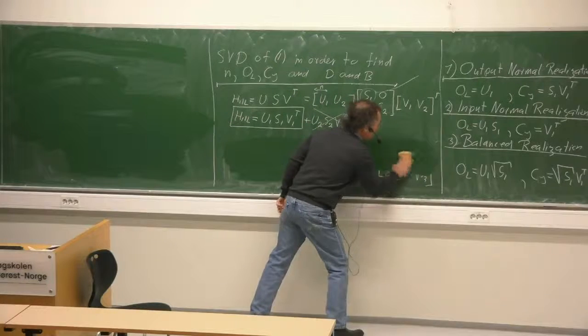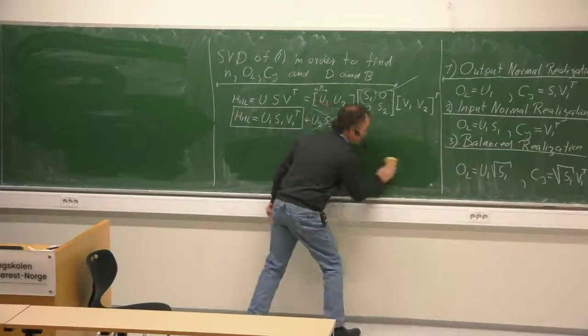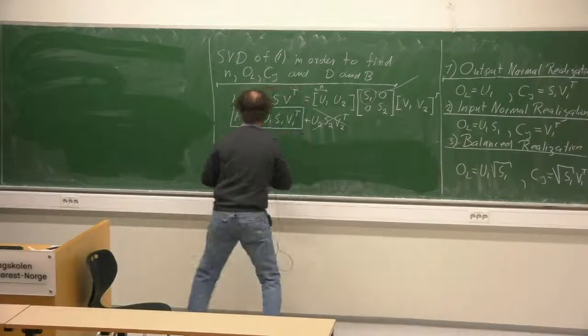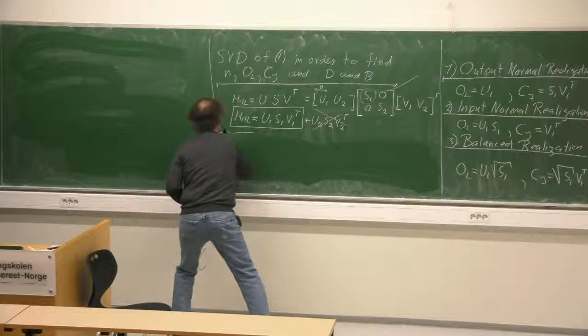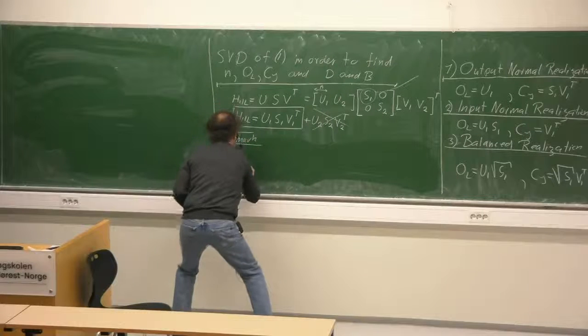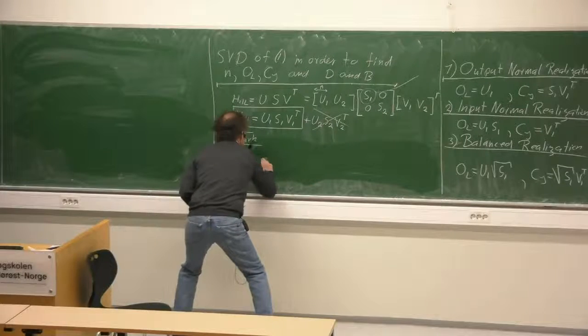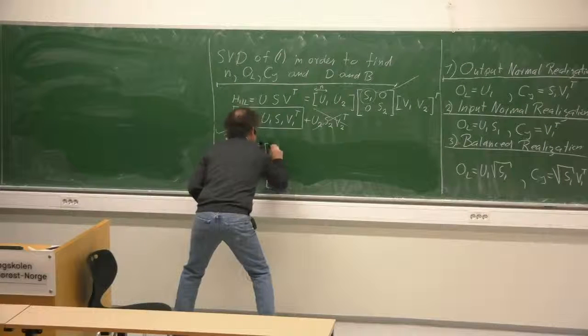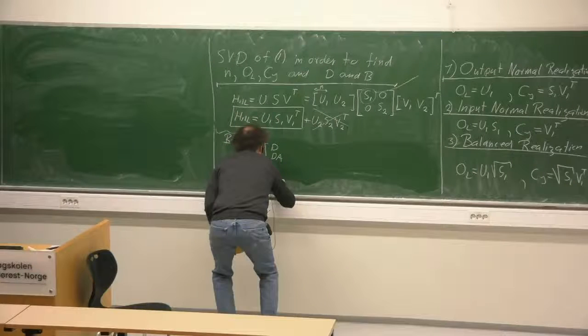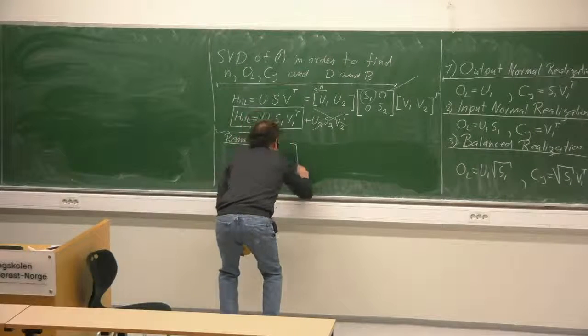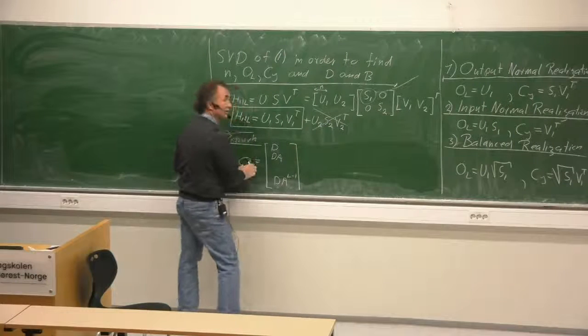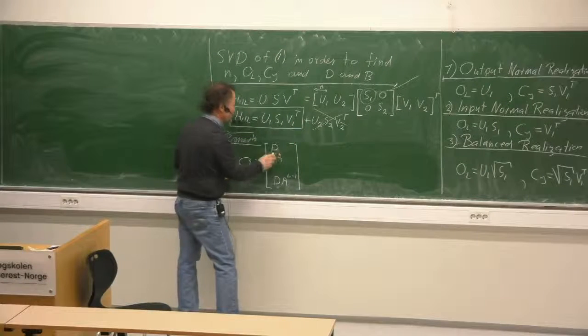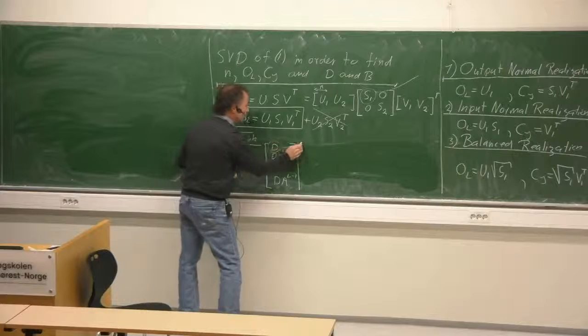Before proceeding to calculate A, I can remark. Remember the observability matrix is a matrix like this: D, DA, dot, dot, dot, down to DA^(L-1). When this one is known from this step, you can simply read out D here.